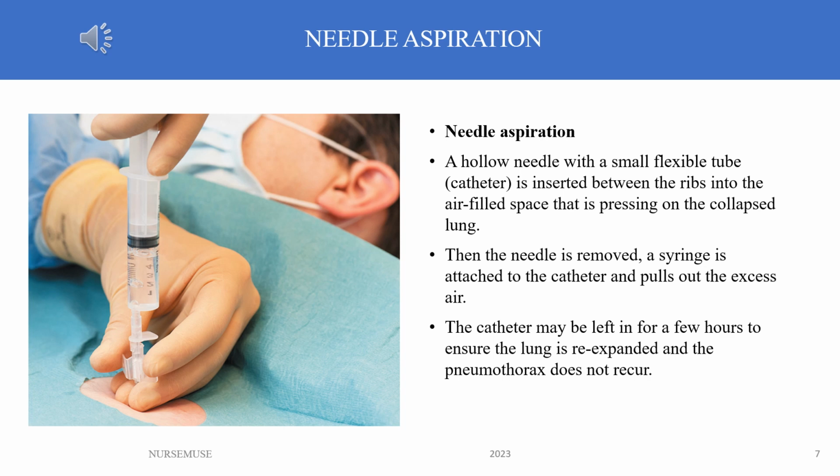So here's a visual for you on the left. And just remember, it's a hollow needle with a small flexible tube, and it's inserted in between the ribs into the air-filled space that is pressing on that lung. And then we're going to remove the needle, and a syringe is attached to the catheter and pulls out the air.